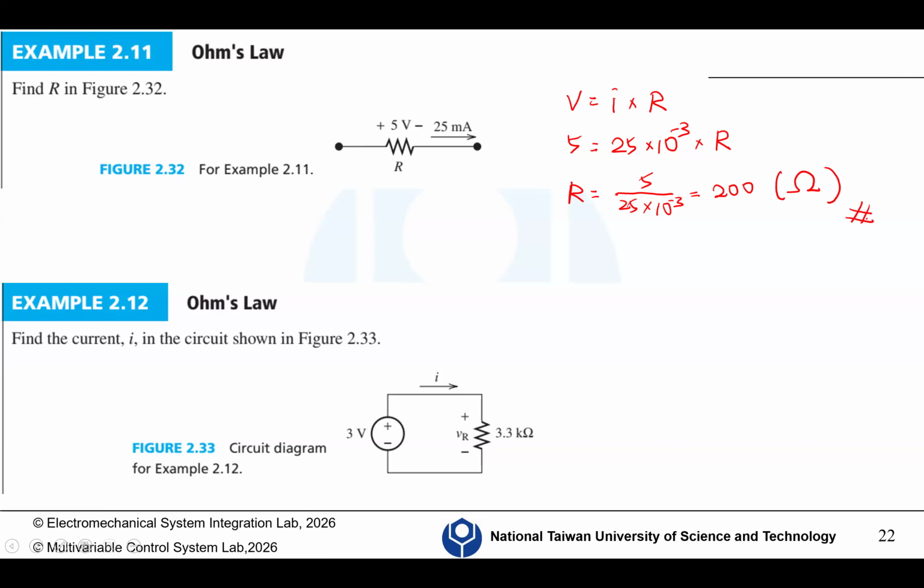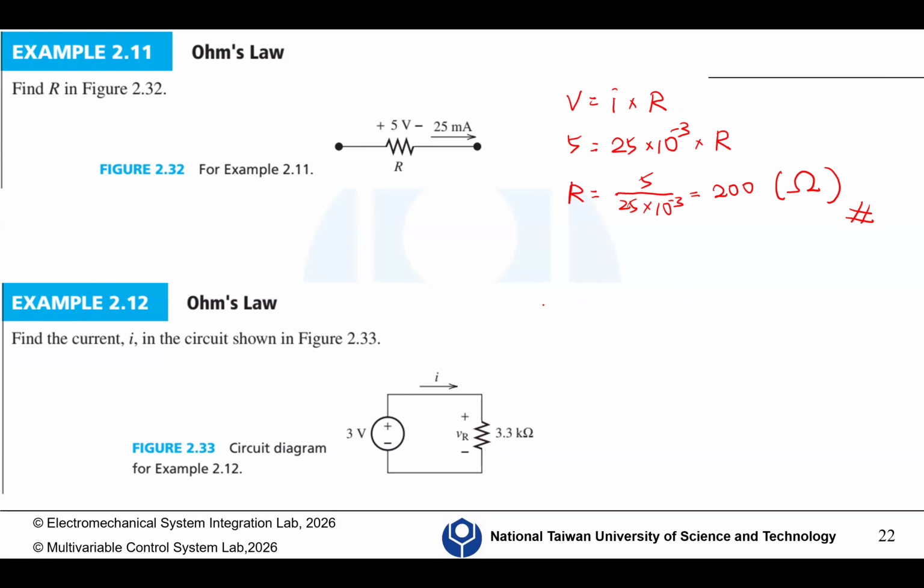Now we look at example 2.12. Find the current I in the circuit shown in this figure. In this circuit, we have a voltage source, and it connects only to a resistor.